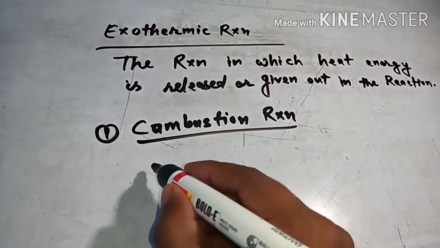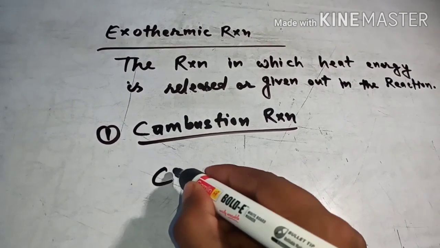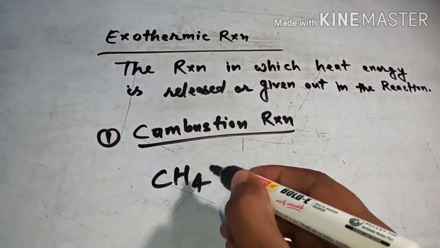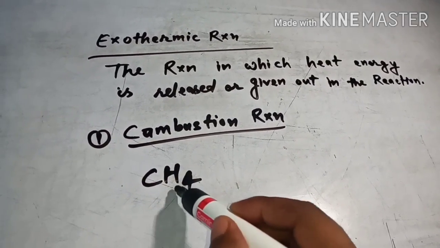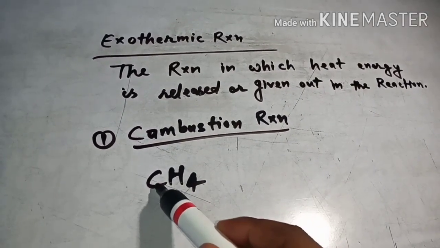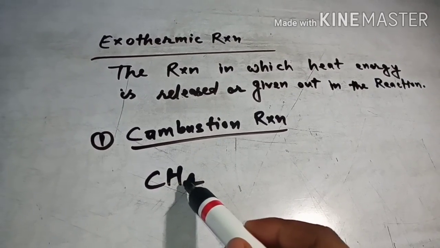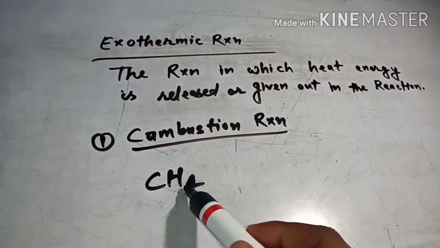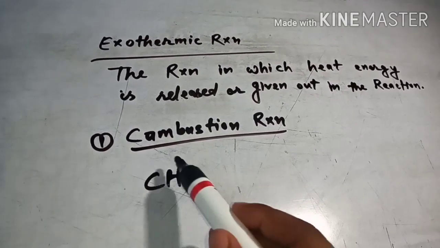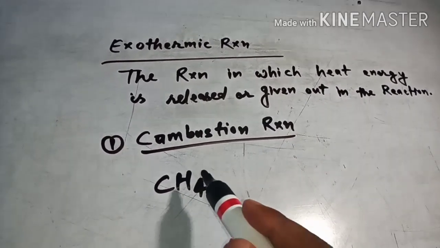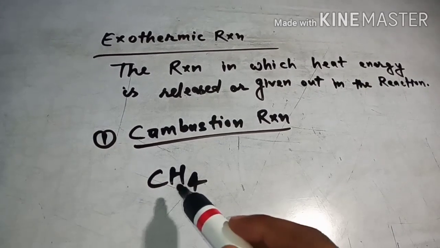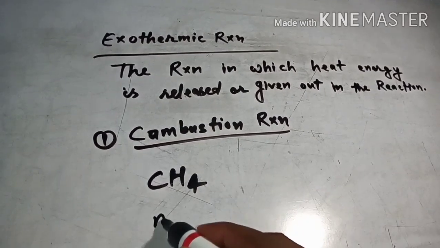The reaction in which a hydrocarbon, meaning the compound which is made up of carbon and hydrogen only. Here you can see, here it is carbon and here it is hydrogen. There is no other element other than this. So this is a hydrocarbon. This compound is methane.